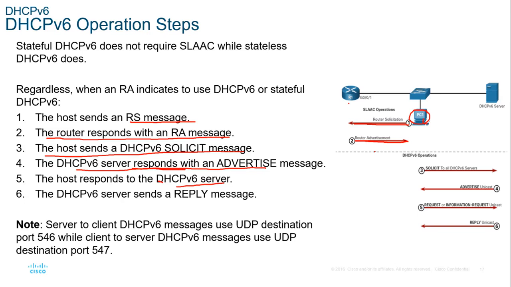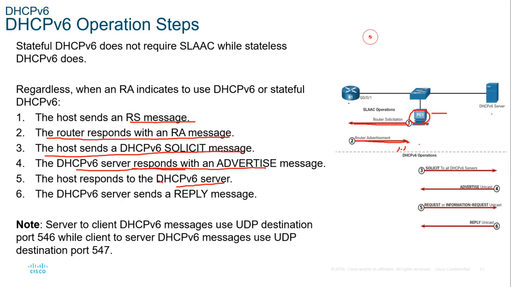Stateless works with SLAAC, while stateful works alone, it's a standalone. So for example, for stateless, after the two steps here, the router advertisement is going to come with half of the address information, and then it is assigned to the PC. The other part of the information is to be picked from the server.